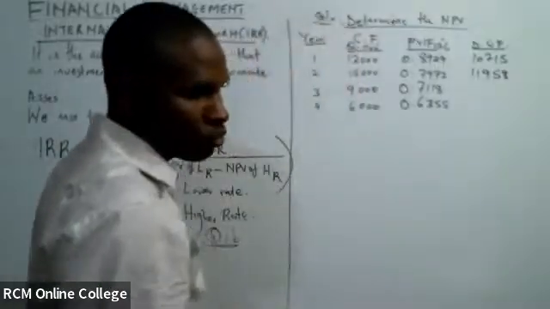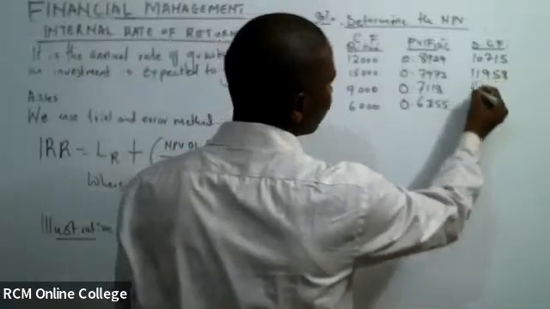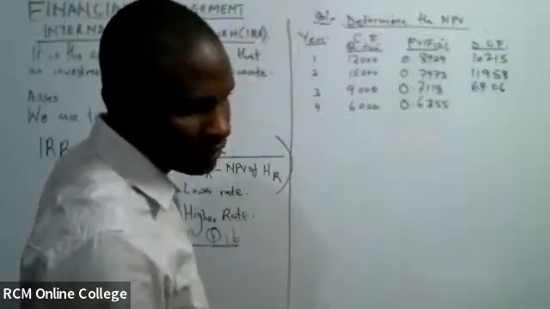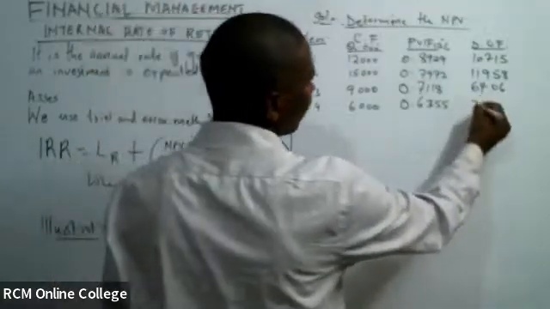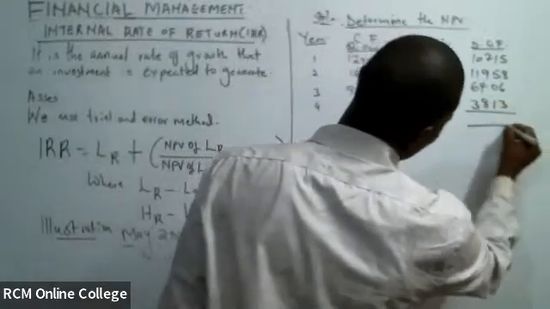Tuko kwa ya tatu, 6406. Sawa. Ya nne, 3813. Let's see who will be the first one to give us the total.